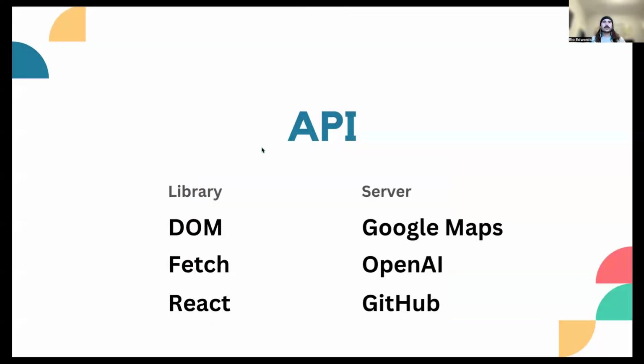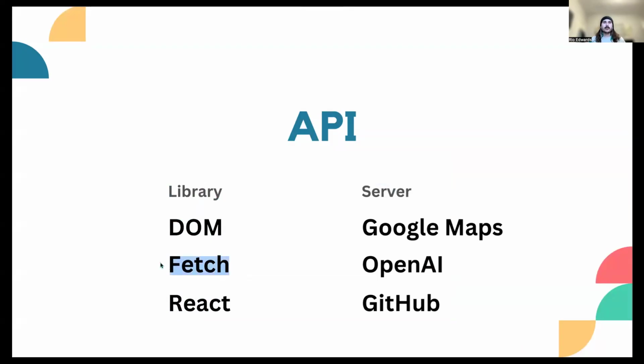So there's two main types of APIs that you'll hear about. There's libraries. Fetch is actually an API. You'll hear people say the fetch API. And fetch is actually code that exists on your computer. Every web browser has an implementation of fetch.